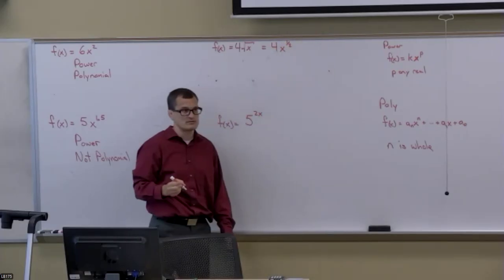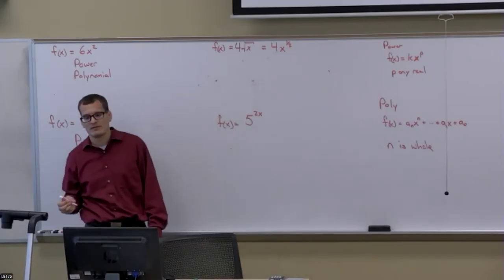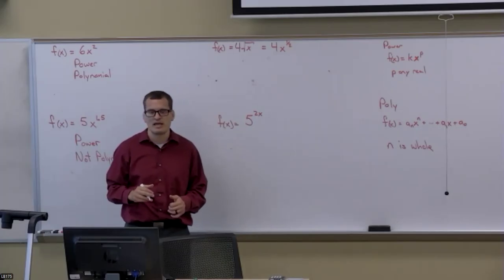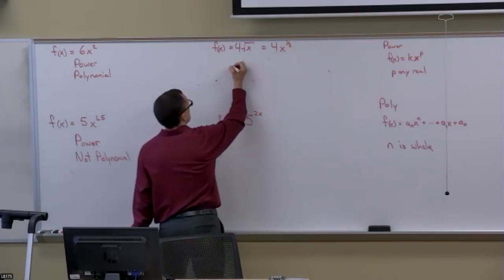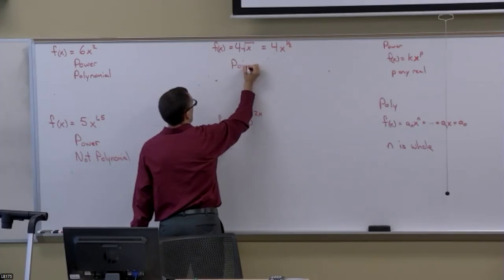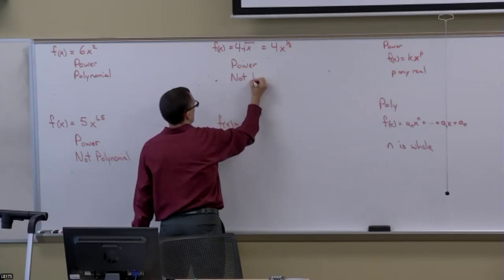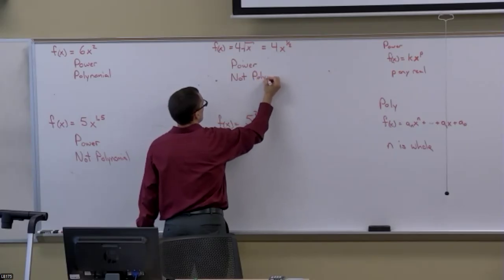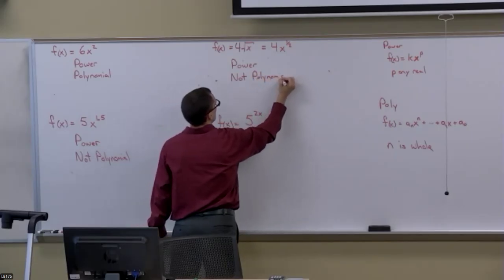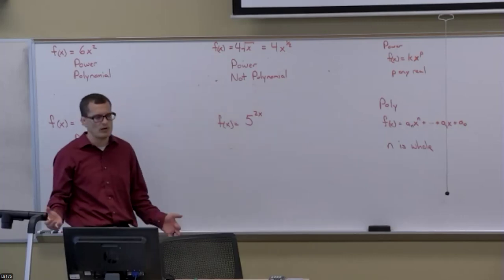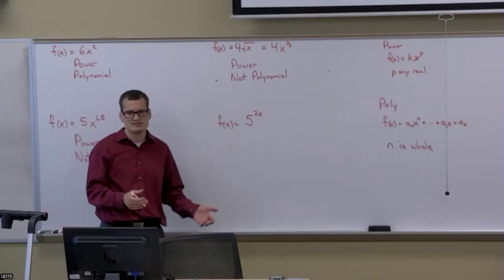So square roots, cube roots, we can turn those into x to a power. And so this is a power function because of that trick. It is not a polynomial, because that power is 1/2, and 1/2 is not a whole number.